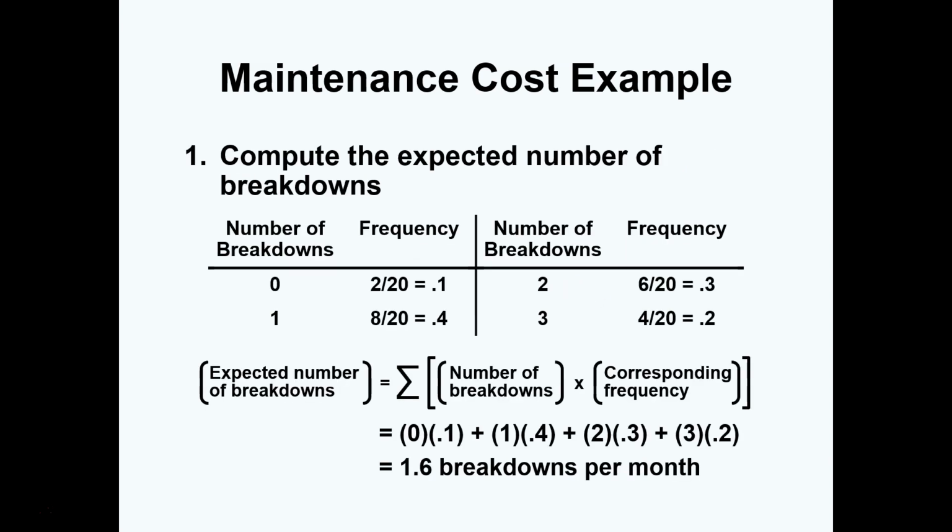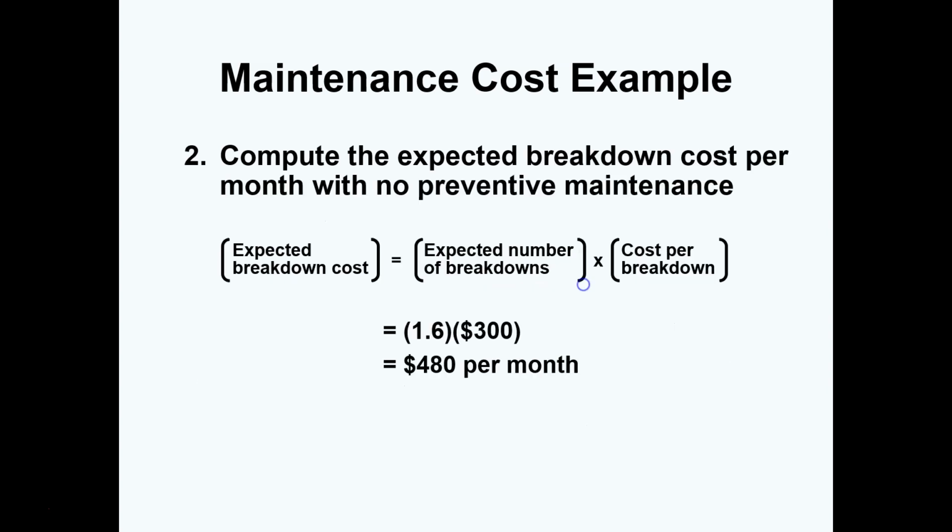Computing the expected number of breakdowns by finding the frequency, multiplying that by the number of breakdowns, and then finding the sum of the incidents results in an average of 1.6 breakdowns per month.